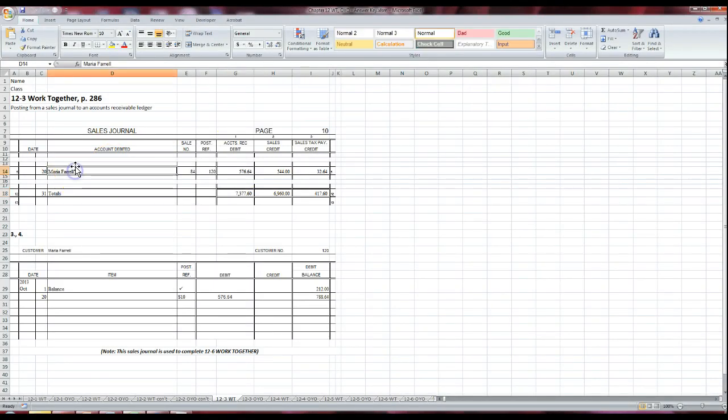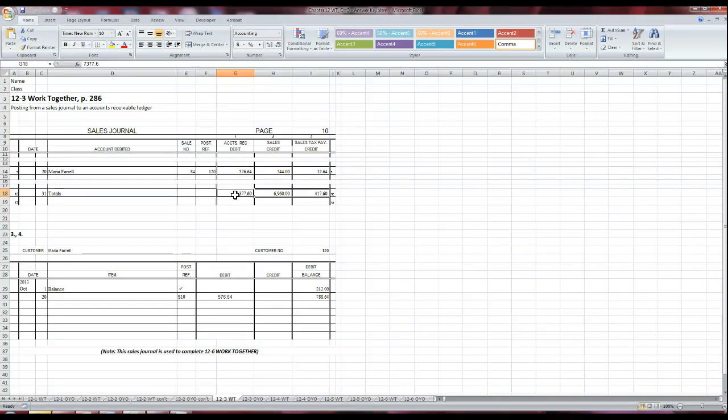So Maria Farrell and all the other transactions, lines 1 through 11 basically, each get posted to the individual account in the subsidiary accounts receivable ledger. Then we post this one amount to our accounts receivable account in our general ledger. So we posted 1 through 11, then we added those up, and we posted one amount to our general ledger accounts receivable account. So hopefully that makes sense.